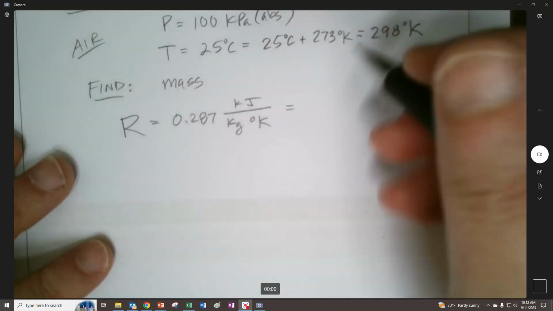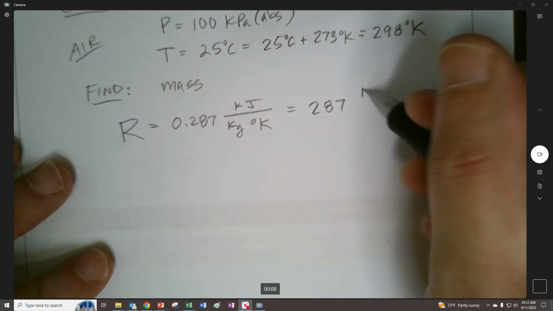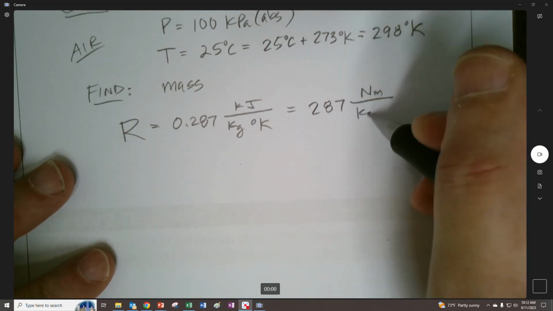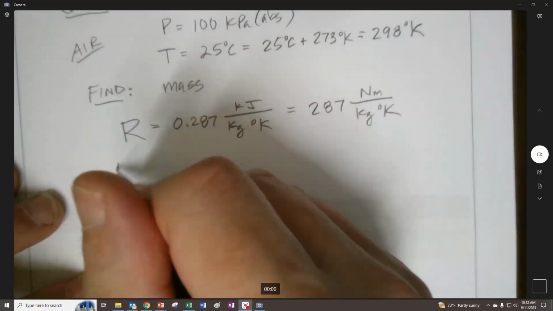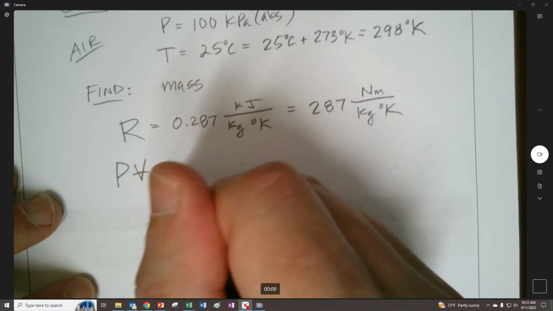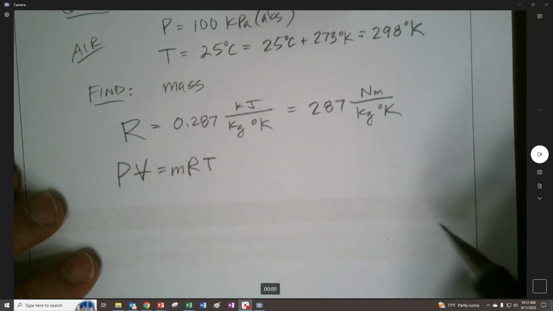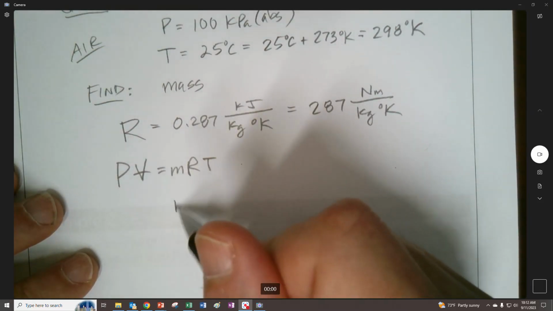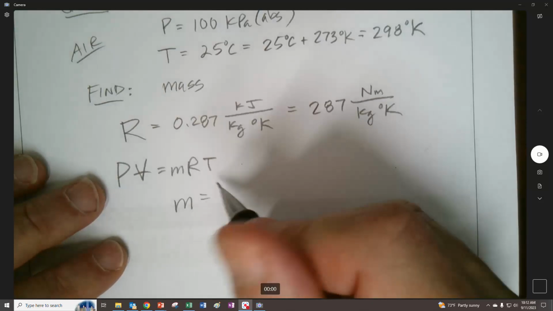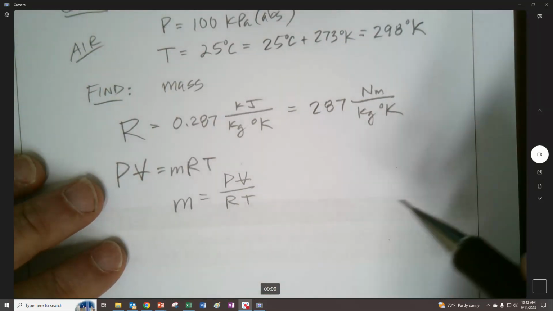Notably, we're going to multiply that by 1,000 because of the kilo, giving 287 Newton meters per kilogram degree Kelvin. So sometimes I write out PV equals mRT instead of looking it up. And so we go, m is going to be PV over RT.